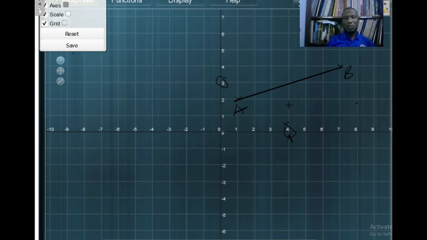So the midpoint of this line with coordinates 1, 2, and then 7, 4 is 4, 3.